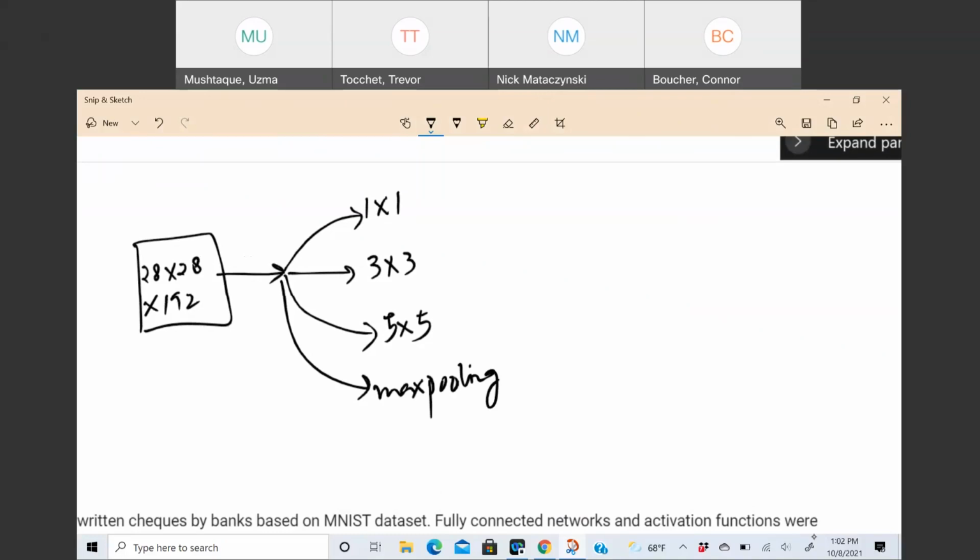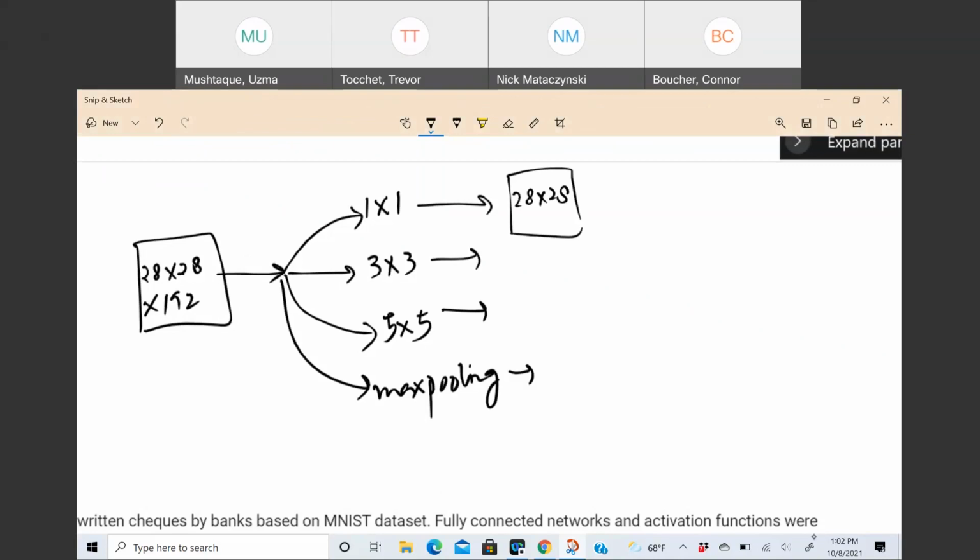I can do all of those, and then eventually I'm going to get some outcome depending on the number of filters I'm using here. I don't remember exactly how many. Let me assume that we have 32 filters. We can check the paper, but let's say you get 28 by 28 by 256.